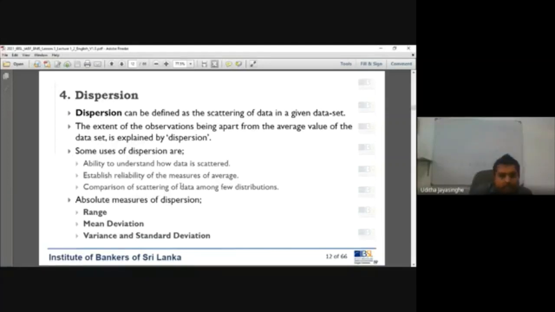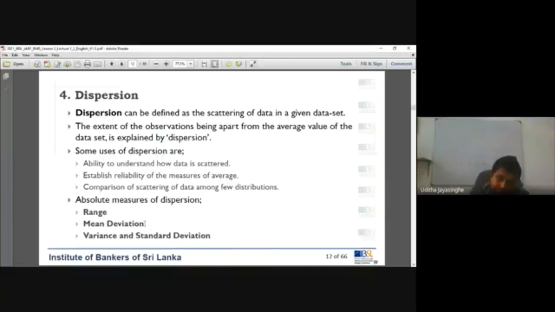Now these are the dispersion indicators we are going to discuss one by one: range, mean deviation, variance, and standard deviation. Range is a very simple indicator which will easily give you the smallest value and the largest value of a particular data set.